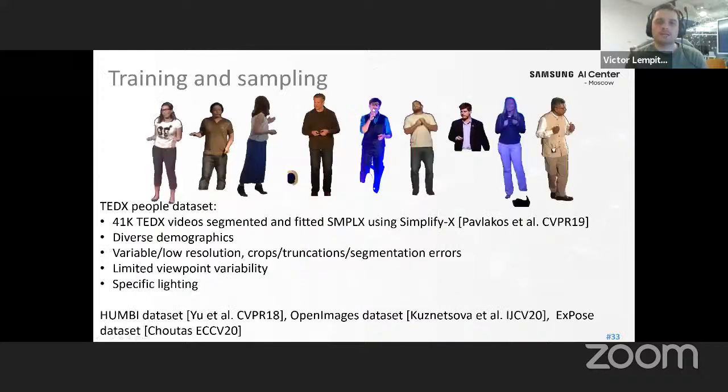So we train it on a large dataset of TEDx talks. Fortunately, while it's very diverse in terms of demographics and clothing, it's not high resolution, and viewpoints are not very diverse. And there is some very peculiar lighting, like blue lighting somehow.